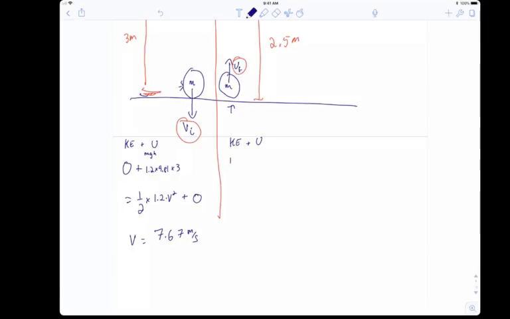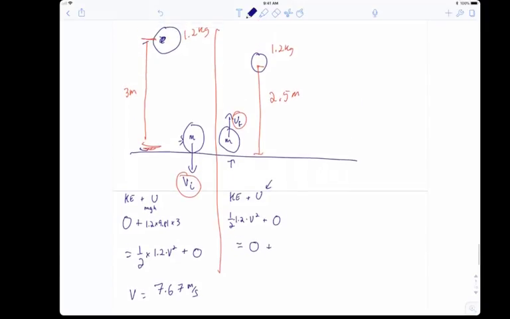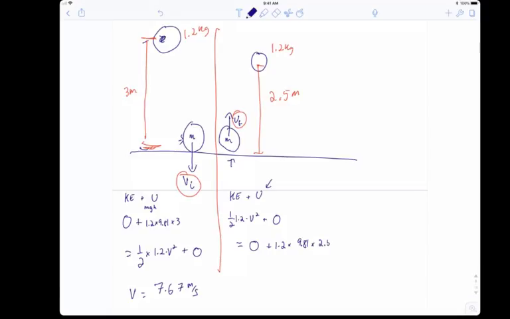And then afterwards, I don't know what the kinetic energy is initially. So it's 1/2 times 1.2 times v squared. I don't know what v is. Plus, I know the potential energy at the bottom is 0. At the top of the arc, the kinetic energy is 0, and the potential energy is m times g times the height, 9.81 times 2.5.